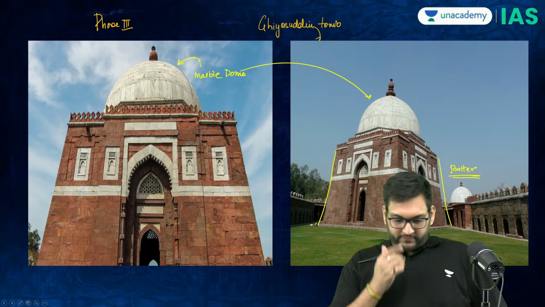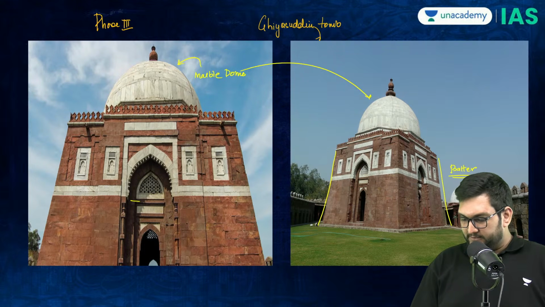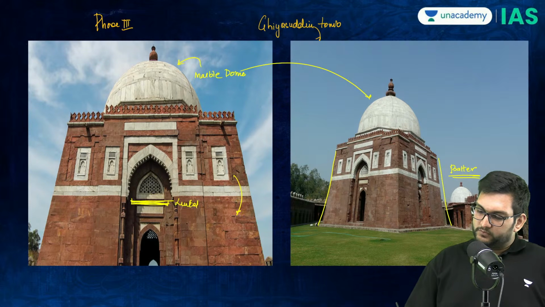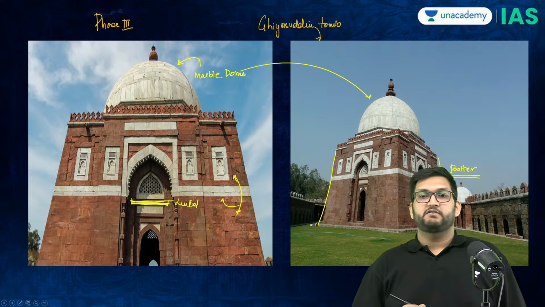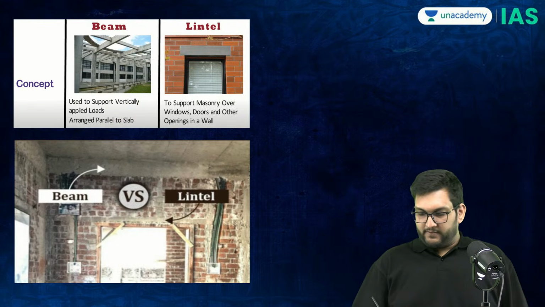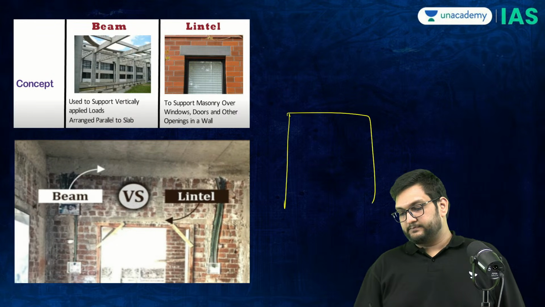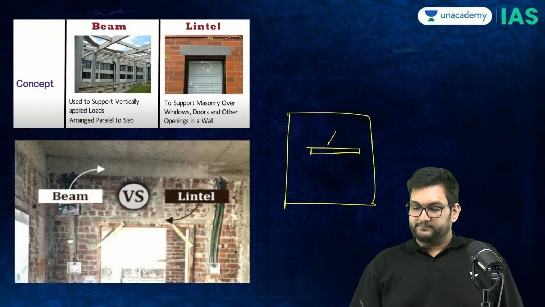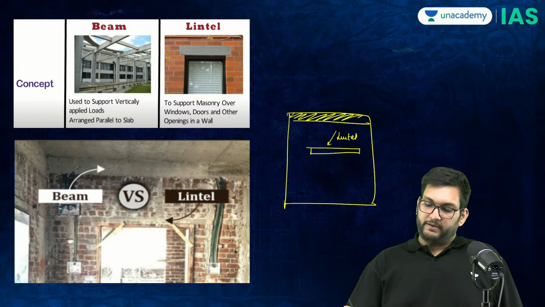At the same point of time, we see use of lintel. This is called a lintel. And the use of red sandstone with marble is something which is important. A lintel is added when you want to create an opening in a wall. Beams are the columns which are load bearing.